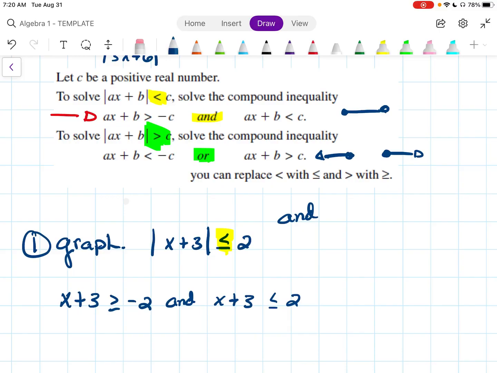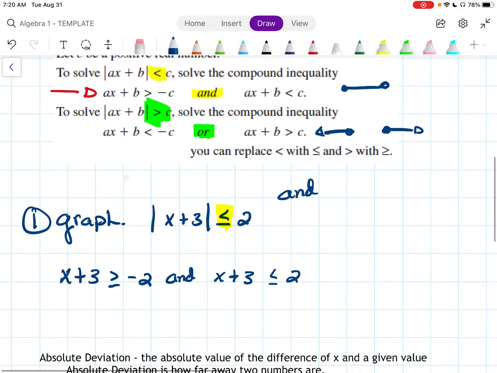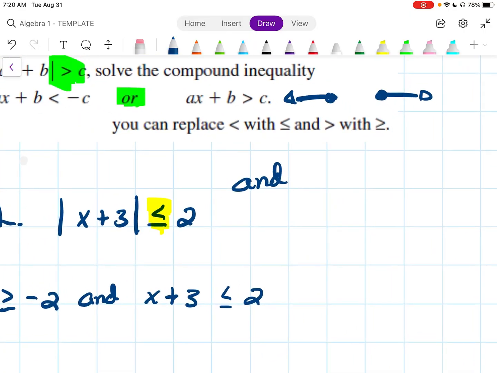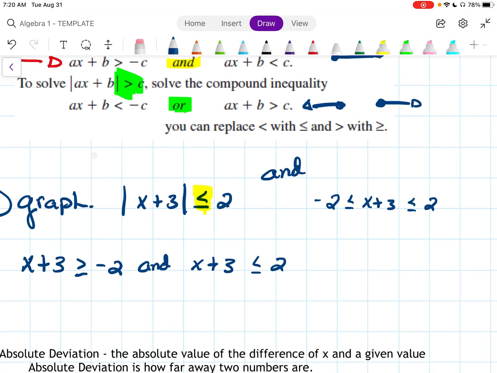Another way to look at this, okay, this only works for the ands. This only works whenever the absolute value bars are less than the number. It only works for the things that I have shaded yellow. We could say, well, negative 2 is less than or equal to x plus 3 is less than or equal to 2. You could write it as a single inequality.